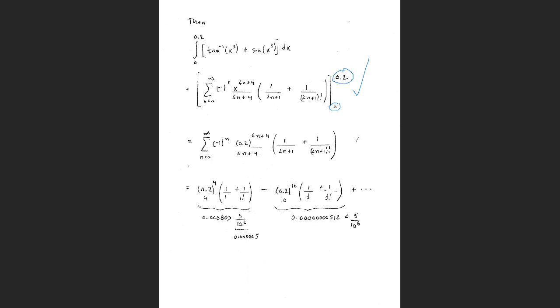Here I put in the top limit, and there's a minus where I then put in the bottom limit. But if x equals 0, when I put 0 in for x, the whole power series is just 0. So that gets us down to here.